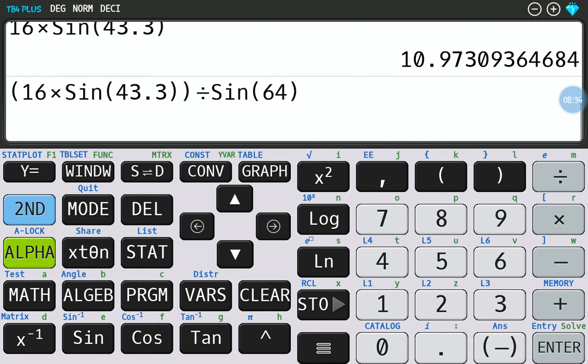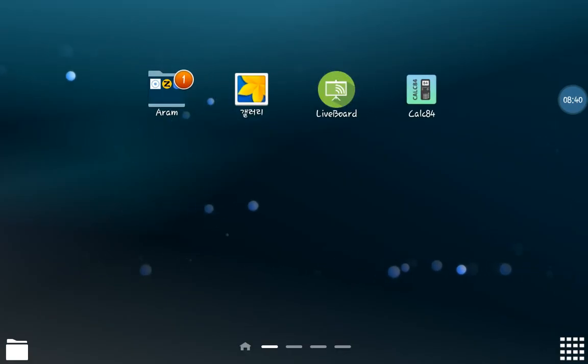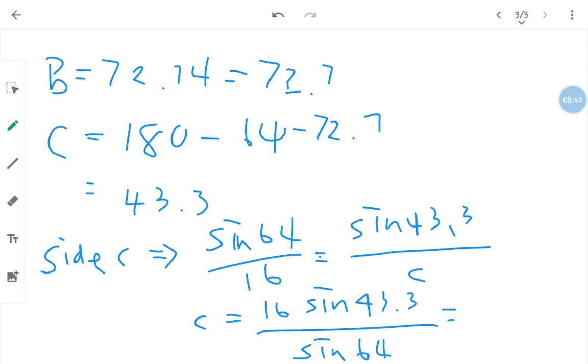That would be 12.2. So I get my side C as 12.2. My angle C would be 43.3 degrees, and B would be 72.7. That is my one answer.